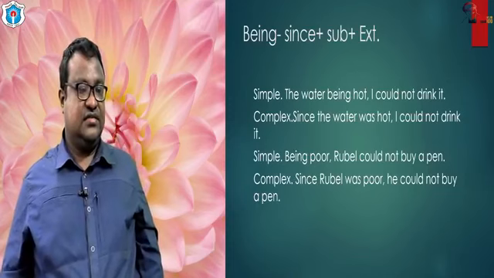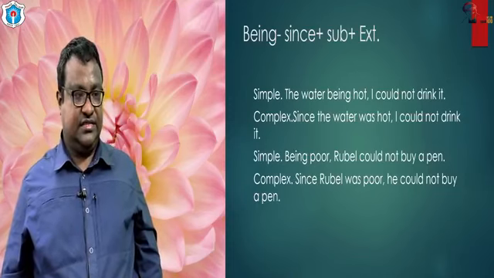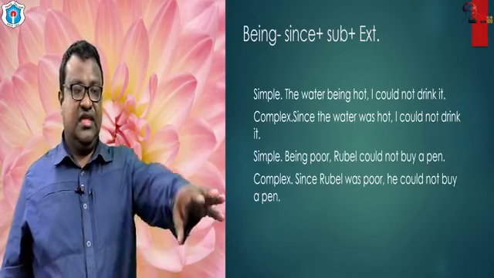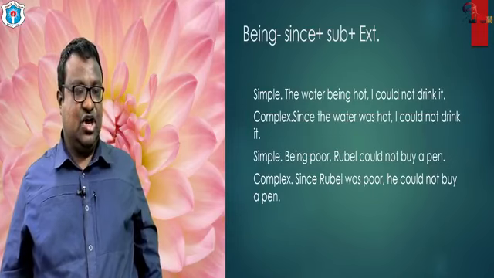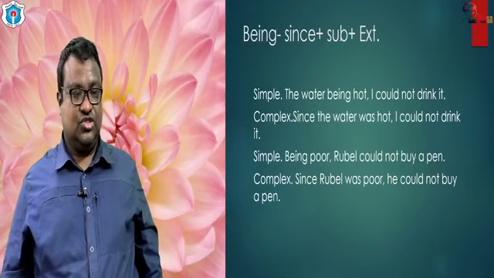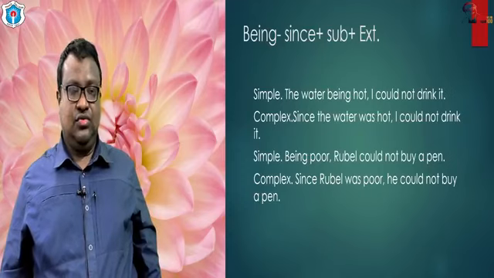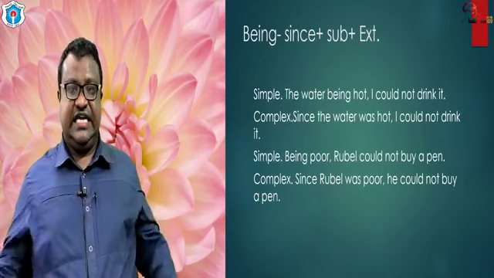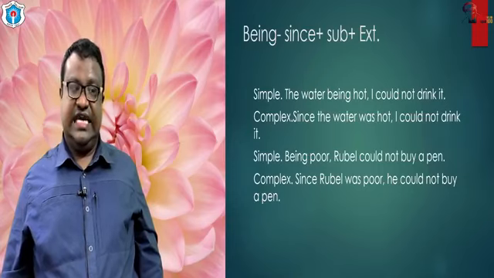Now it is like, the weather being hot, I could not drink it. In the complex one, we can see it is solved like, since the weather was hot, I could not drink it. Now here we are not touching the principal clause, that is, I could not drink it.